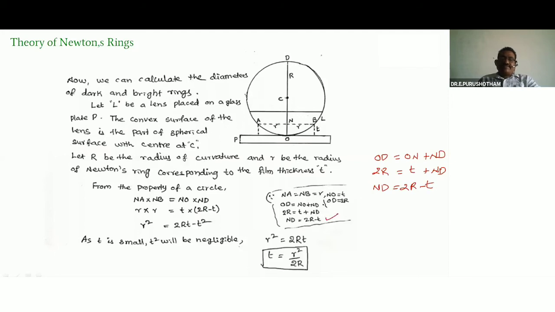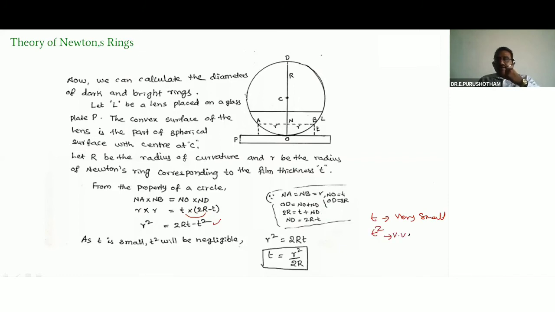Substituting 2R minus t in place of ND, we get r square equal to 2Rt minus t square. t is very small, so t square is very, very small and approximately we can take it as 0, a negligible value.